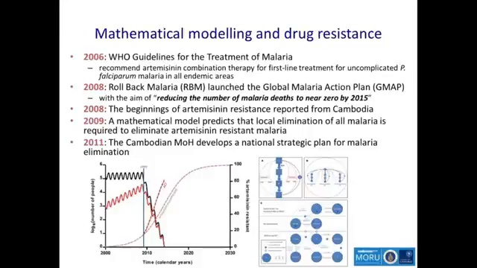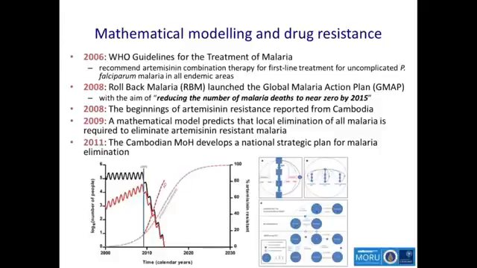So if you treated a lot of people, that created a selective niche for the resistant infections. If we simulated what was observed, then we found that you could still use ACTs to eliminate malaria in Cambodia. That was our prediction. But in so doing, you would reduce the absolute numbers of resistant infections. So this is numbers of resistant infections here.